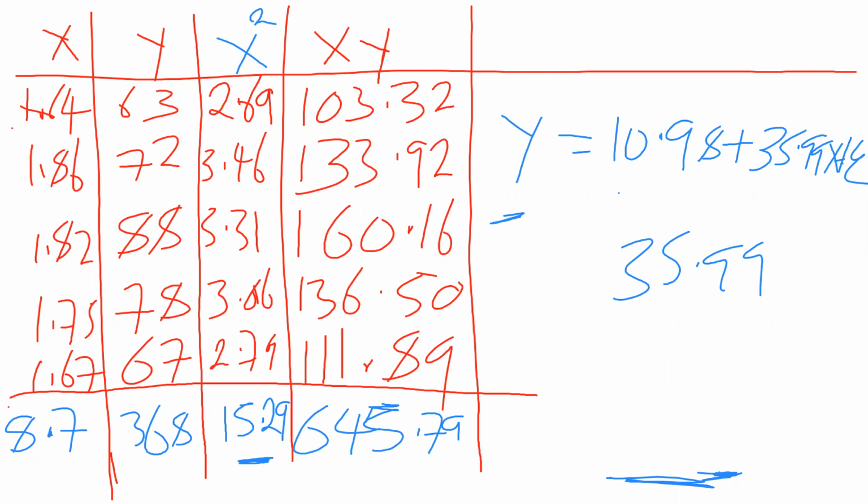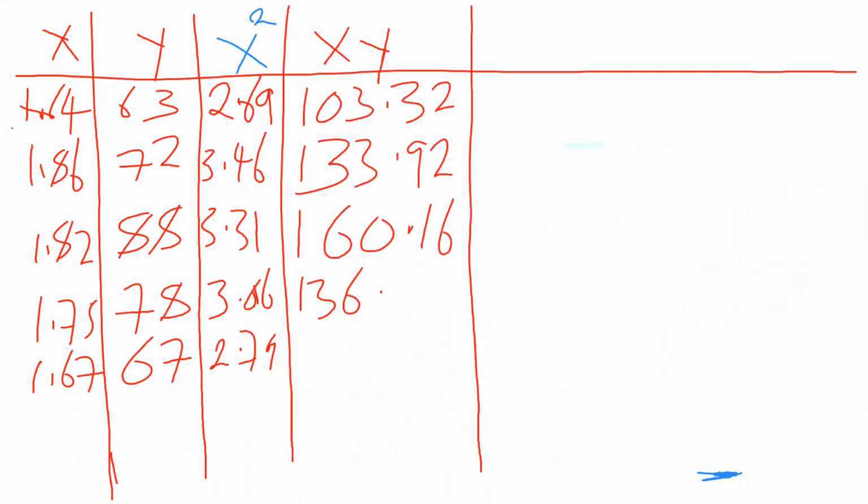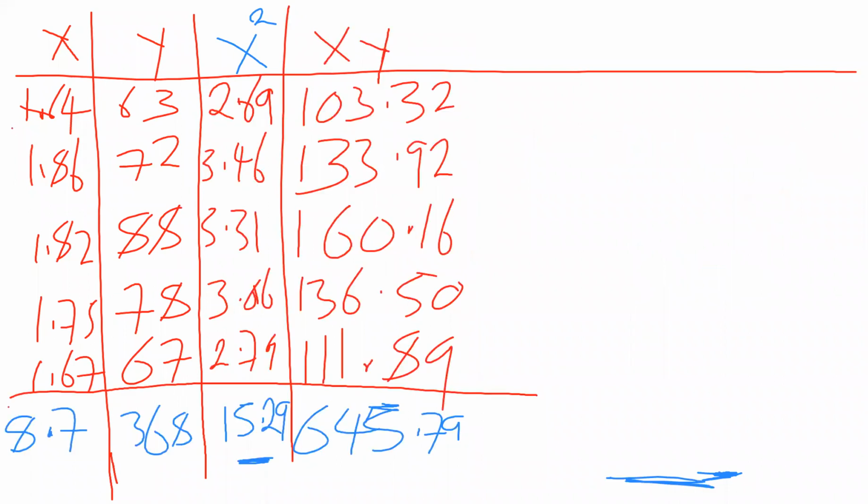And beta 1 is the change in y when x, which is our height, changes by a unit. Is that clear? Yes, it is. So if that is clear, then you have learned how to estimate the regression line.